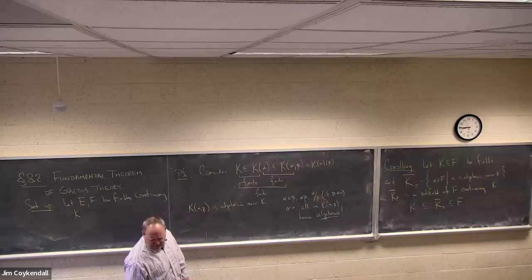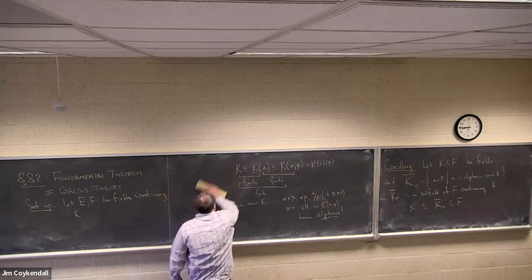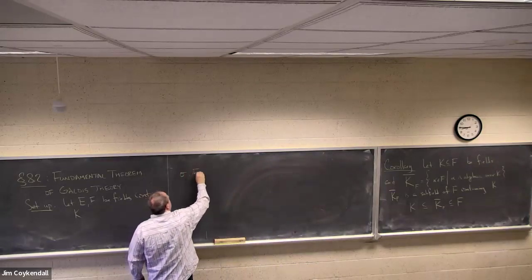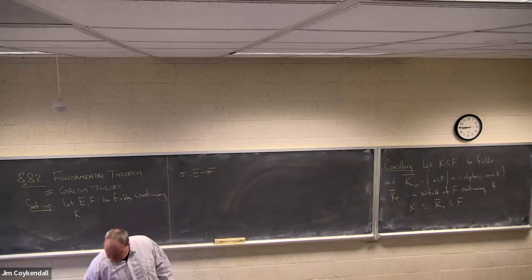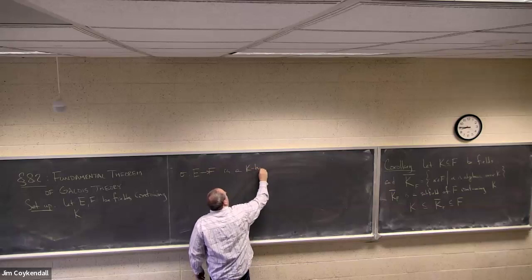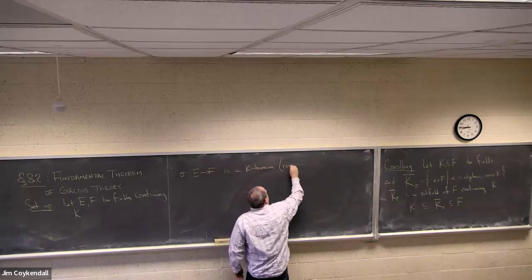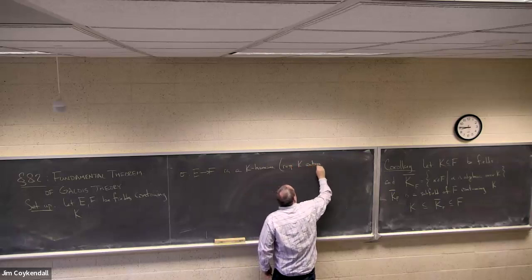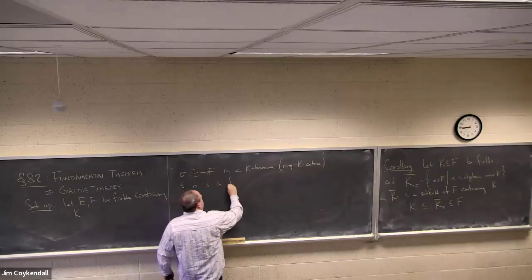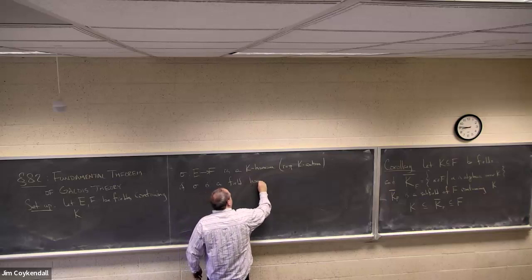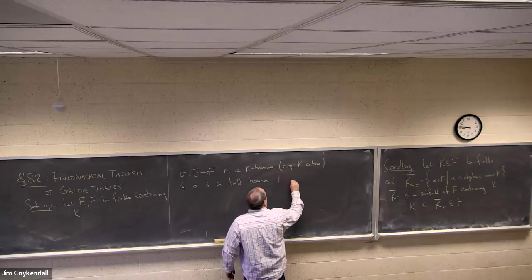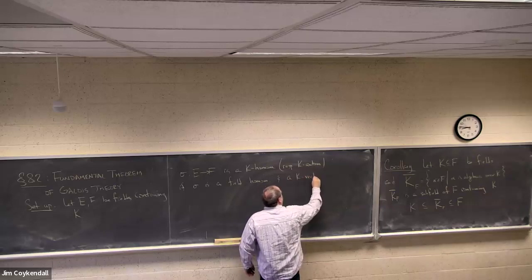We call a sigma from E to F a K homomorphism, respectively K automorphism, if sigma is a field homomorphism, and a K vector space homomorphism.